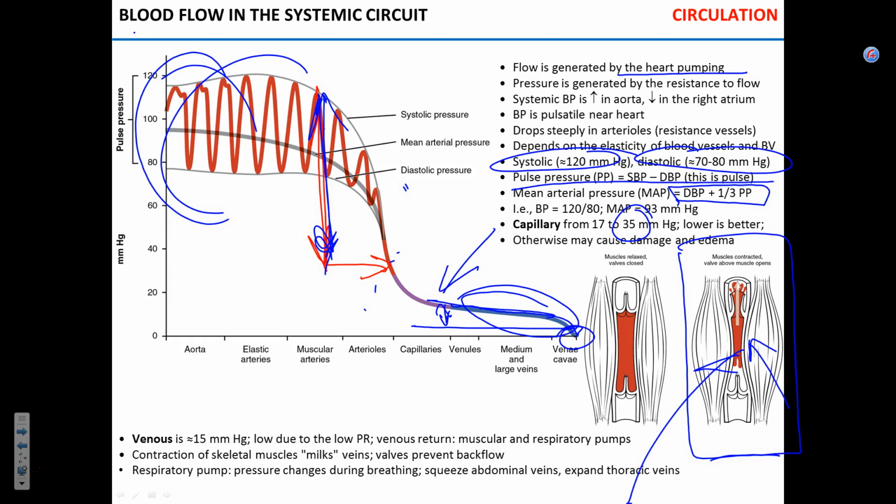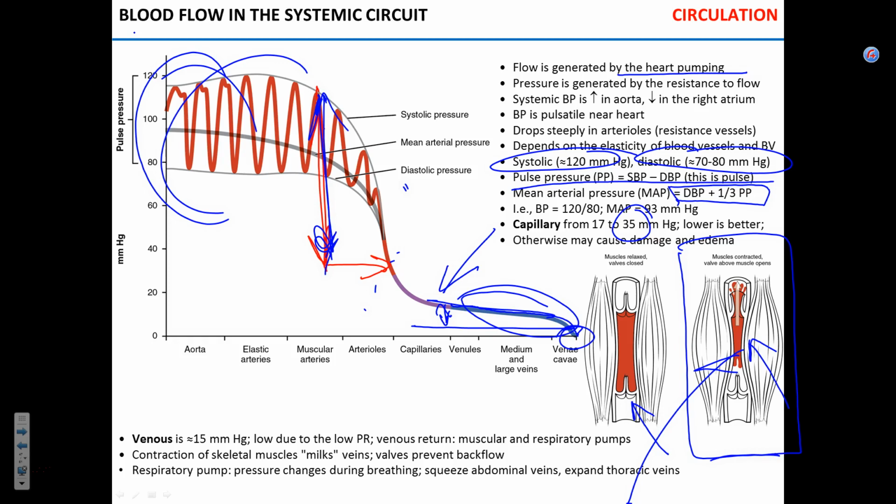The reason why blood in your legs is going upwards, not downwards, is the presence of venous valves, just like those semilunar valves between the ventricles and the great vessels. Those valves prevent the backflow of the blood. Are we clear?